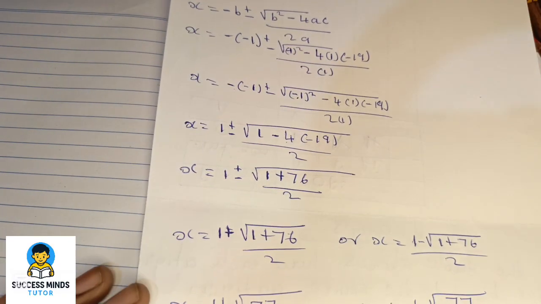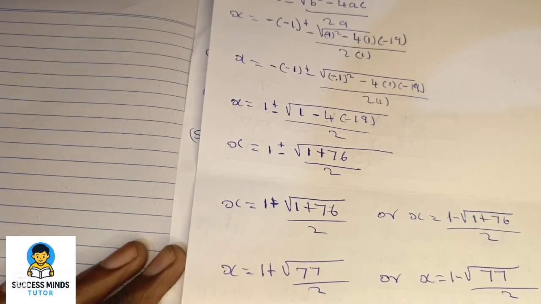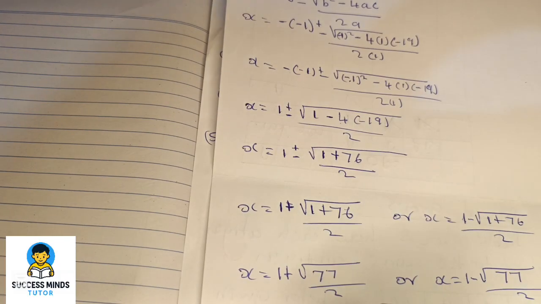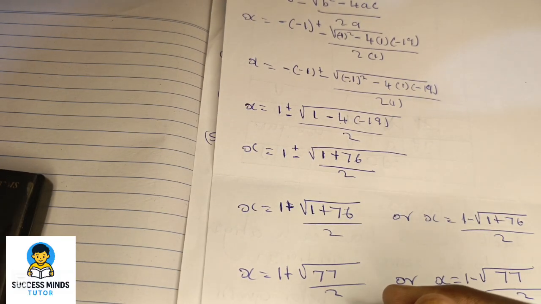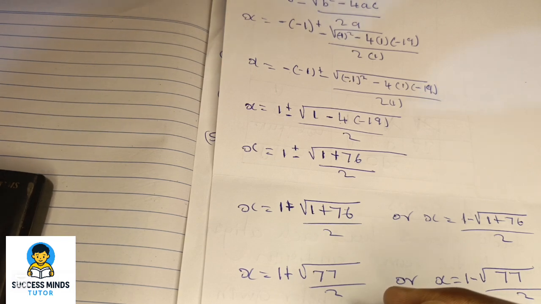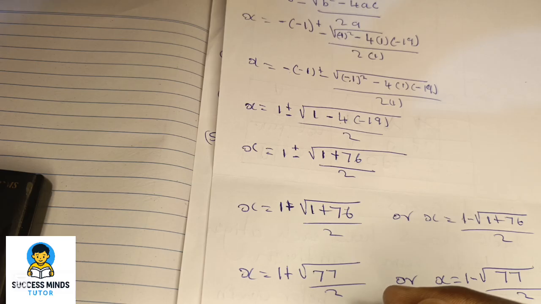From here, guys, we can now divide, since they say to 2 decimal places. So we're going to say 1 plus the square root of 77, divided by 2. Okay?